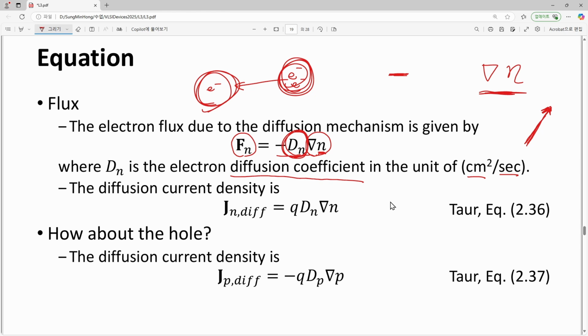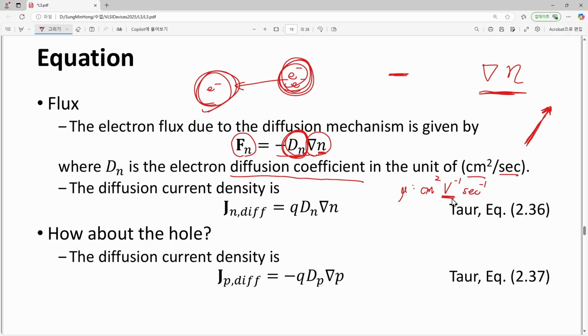When you remember the unit of our mobility, it has the form square centimeter per volt per second. There is a difference in the per volt unit.